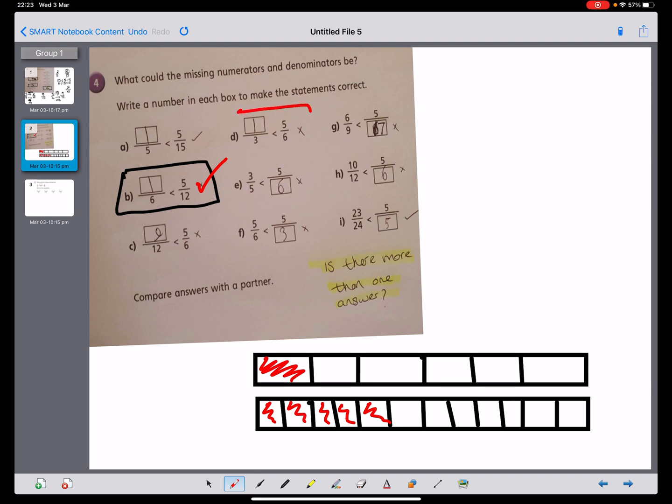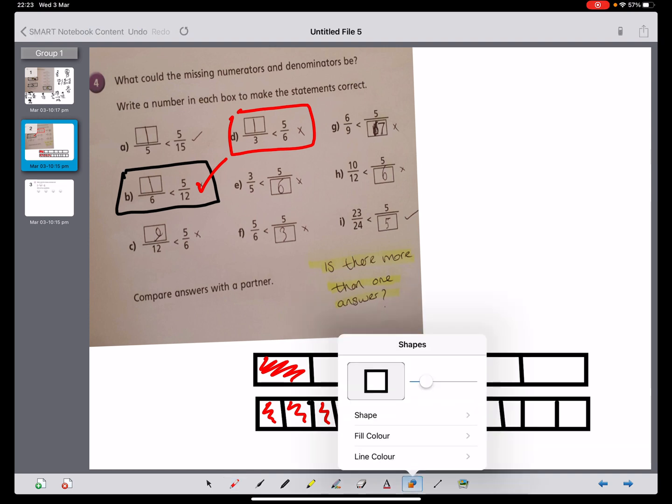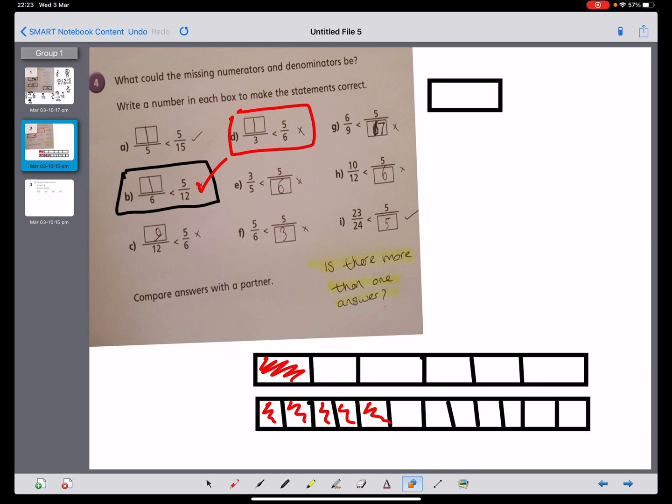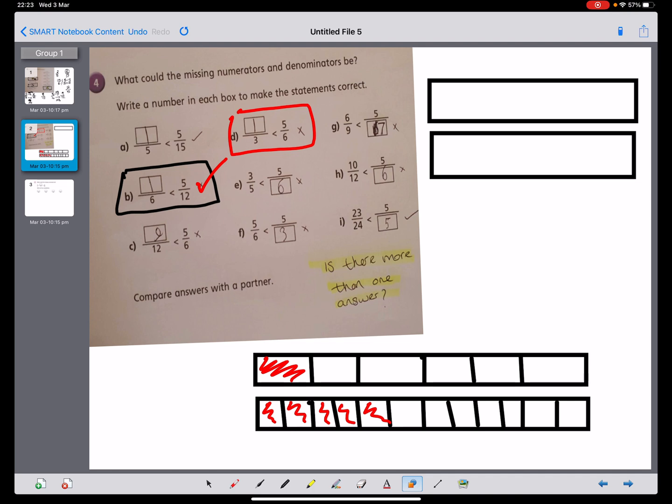Okay, if I then do the same with, let's have a look at this one, 1/3 and 5/6 again. I'm going to draw my bar model up here. Those bar models need to be the same length. I need to split 1 into 3. And the other one I need to split into 6.